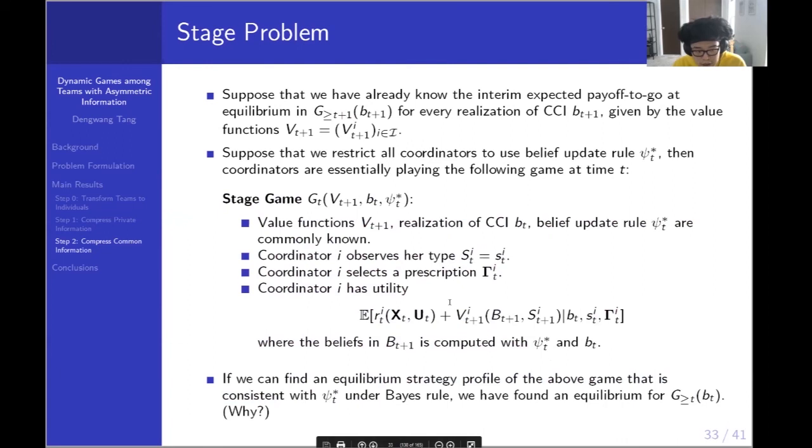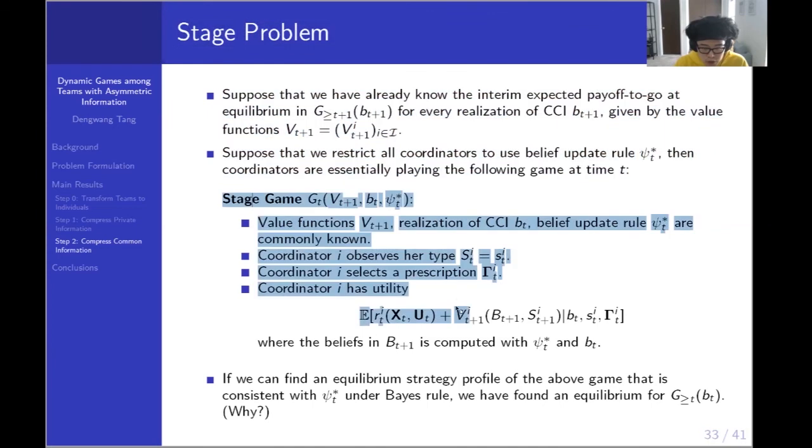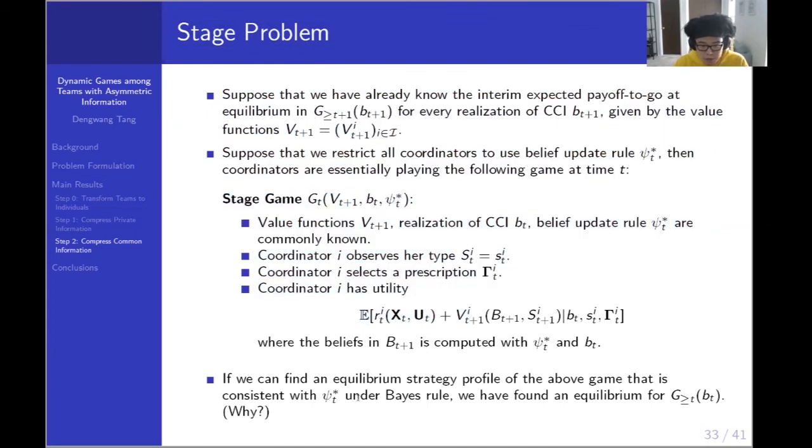We want to find a pair of strategy and belief update rule such that the strategy will be an equilibrium given the update rule, and the update rule will be consistent given the strategy. So it's kind of a fixed point equation situation. But this is restricted to one stage.